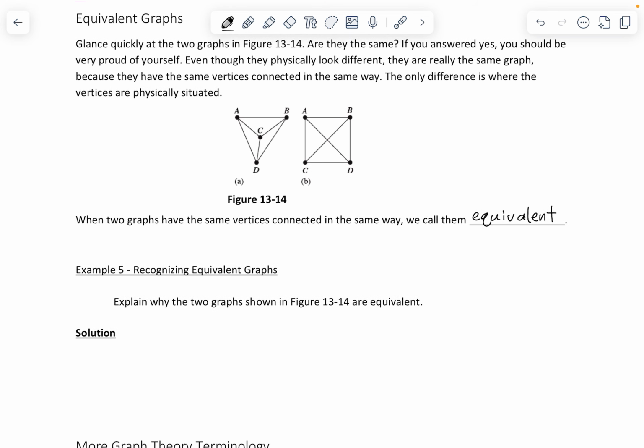So explain why the two graphs shown in figure 13.14 are equivalent. Let me say this.